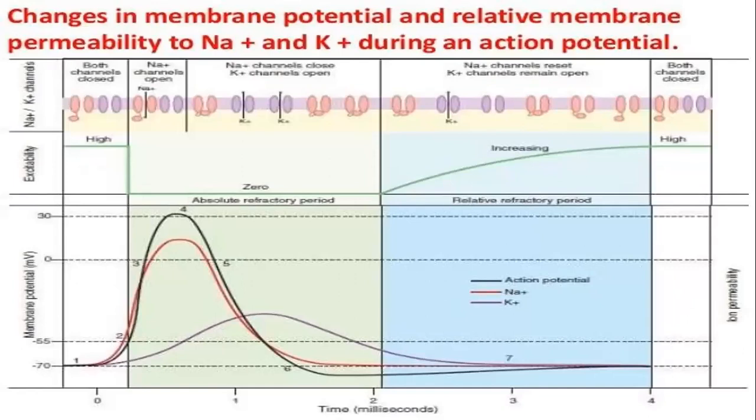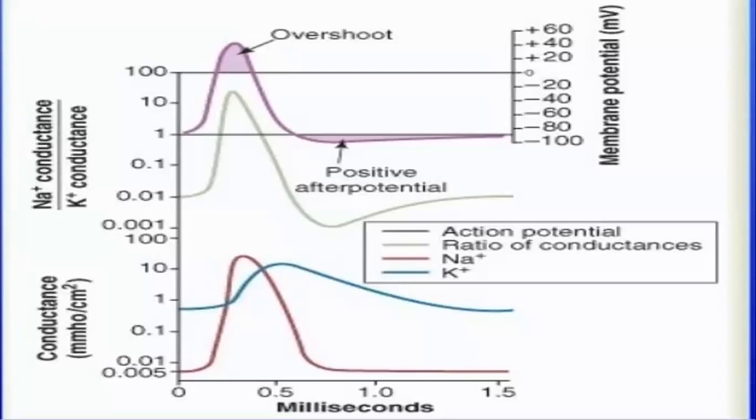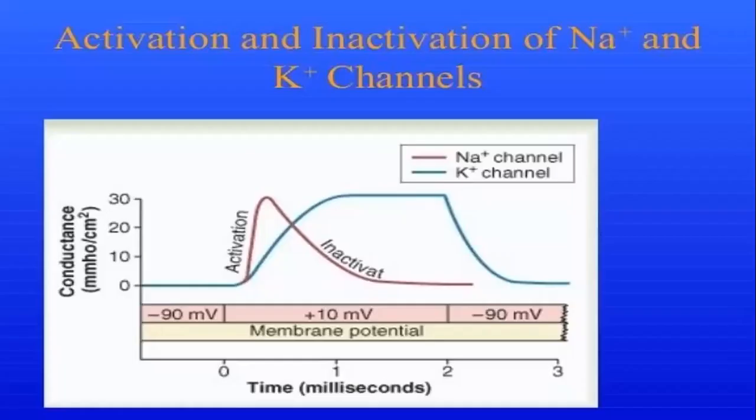You can see here again the same picture. I am repeating it repeatedly so that you remember the sodium conductance of the membrane, the potassium conductance of the membrane, and the action potential, and their comparison. You can see the absolute refractory period, the relative refractory period, and the effective refractory period. So there is overshoot, sodium conductance, potassium conductance of the membrane.